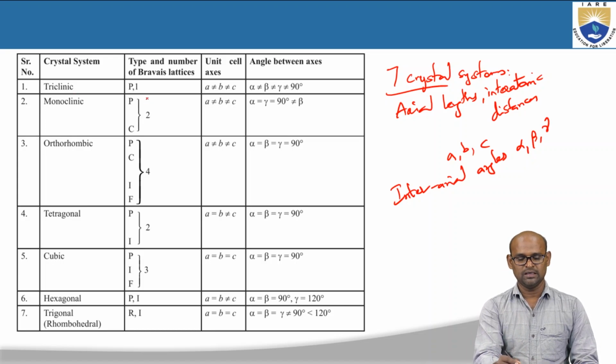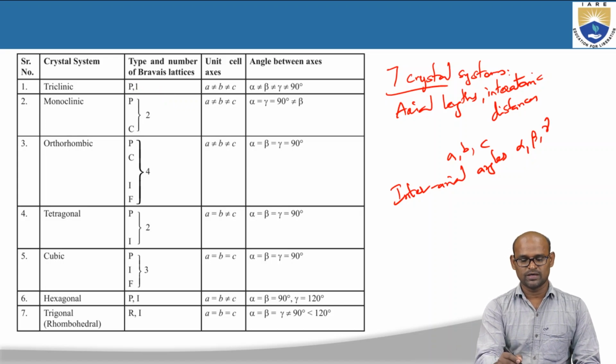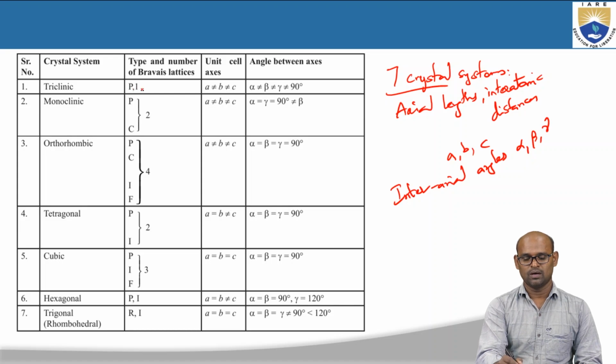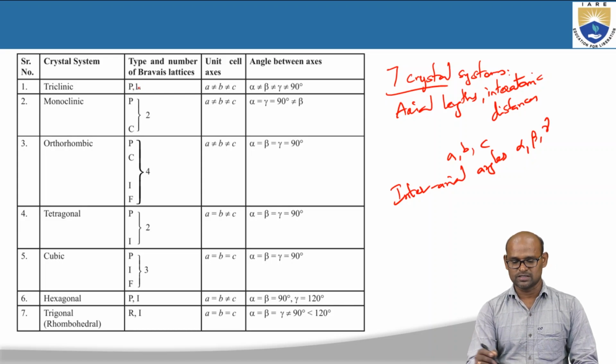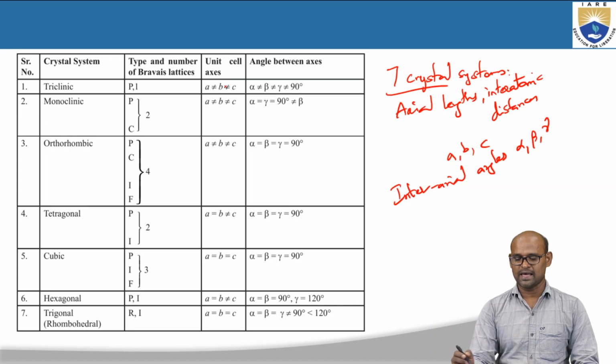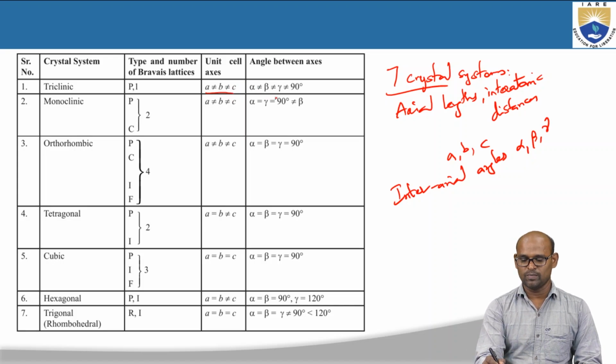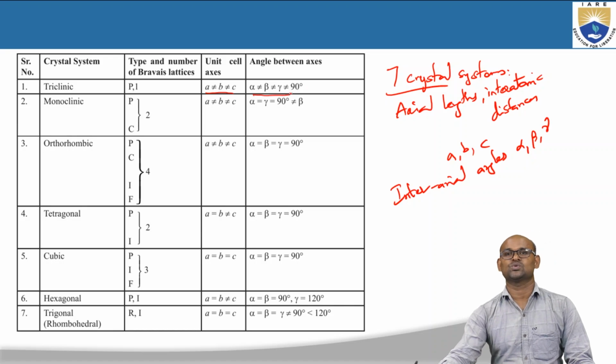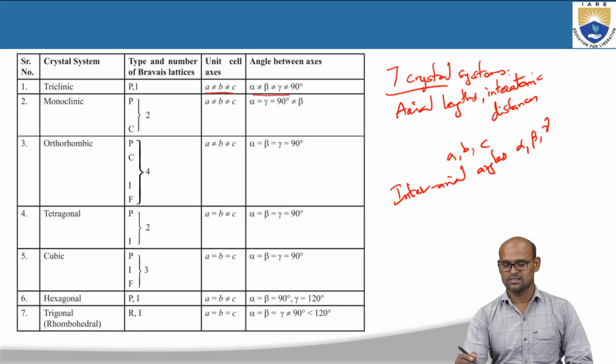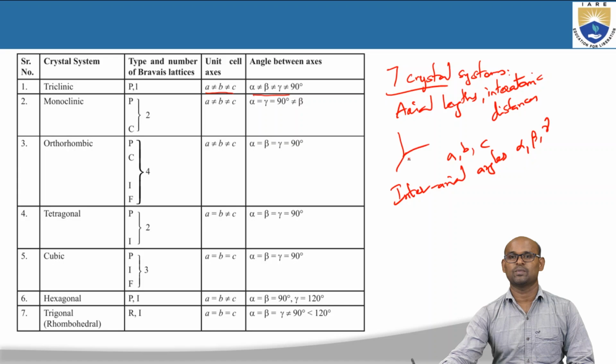First, the triclinic crystal system. Triclinic has only one type of Bravais lattice, that is primitive. The relation between the axial lengths is A is not equal to B is not equal to C, and alpha, beta, gamma are not equal to 90 degrees. So the crystallographic axes are not perpendicular to each other, and the axial lengths are not equal.